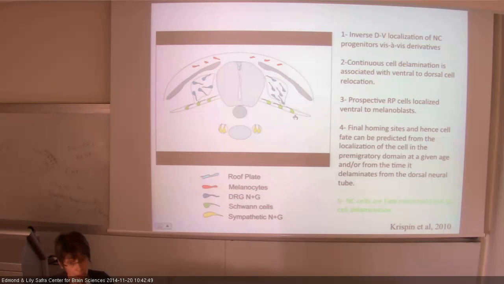So they are not fully determined to give rise to a TrkC positive neuron in the ganglion. No, they are restricted. They are biased to go to the DRG, to become sensory. But within the sensory lineage, they can still become a neuron of different types and the glial. So I prefer the word restricted.